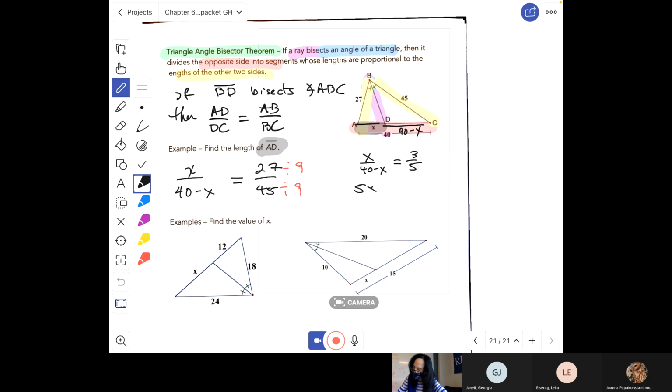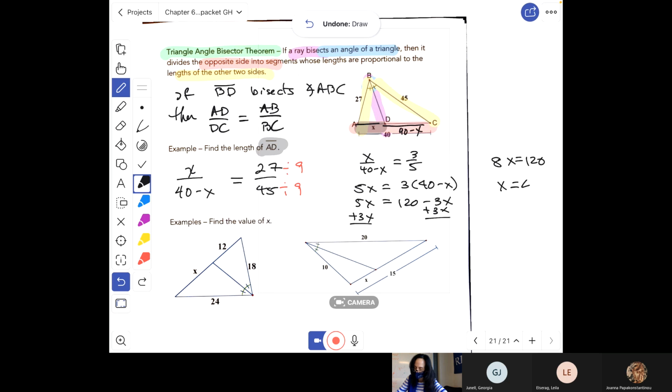Okay. Then I cross multiply. So what is X? 40? No. Sorry, 15.